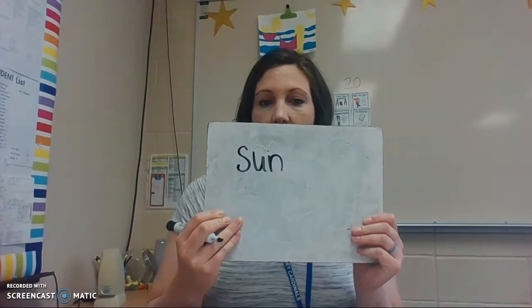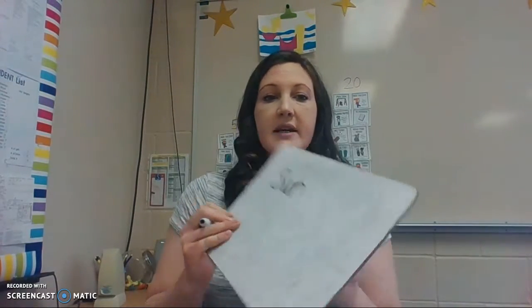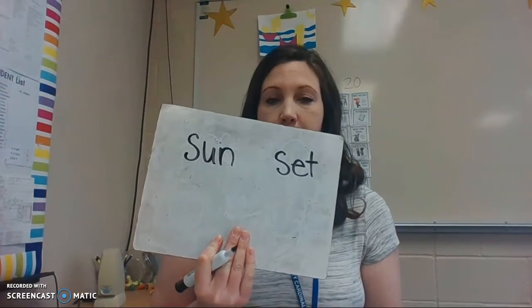So for example, if I have the word sun, and I also have the word set. Okay? Two words. Listen to the sentence. The pink and orange clouds of a sunset are beautiful.